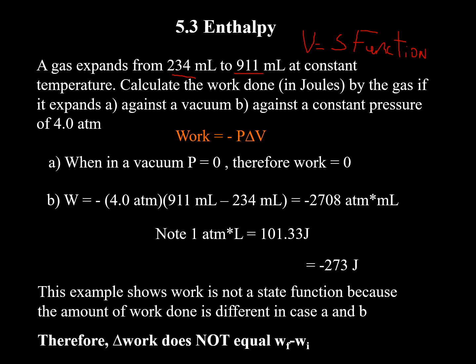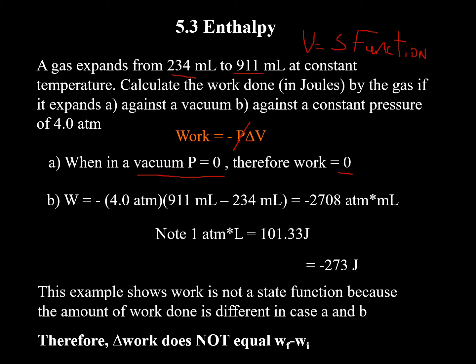It says calculate the work done in joules by the gas if it expands against a vacuum. So for the first time, we introduced the word vacuum, which means the pressure will be 0 in a vacuum. So if we have our value of P is 0, that means this term is 0, meaning the work done is going to be 0. So in this case, when we're working in a vacuum, if the gas expands from 234 mL to 911 mL, there's no work being done in a vacuum.